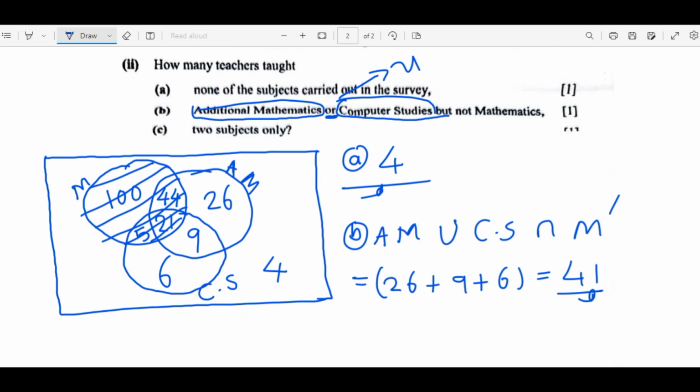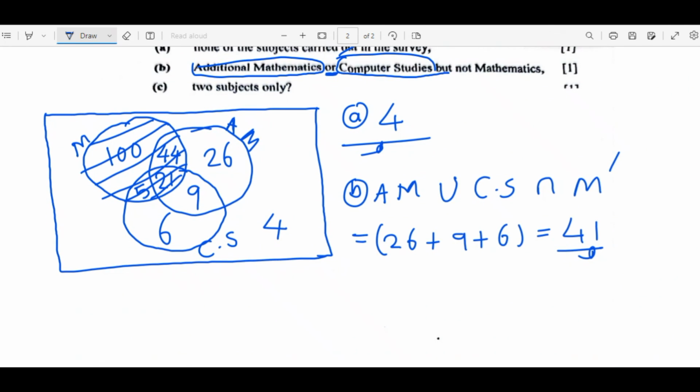Then for question C, we just want 2 subjects only. So C is equal to 2 subjects only. Let me first get rid of this. Right, so 2 subjects only is 5, because 5 did maths and computer studies.